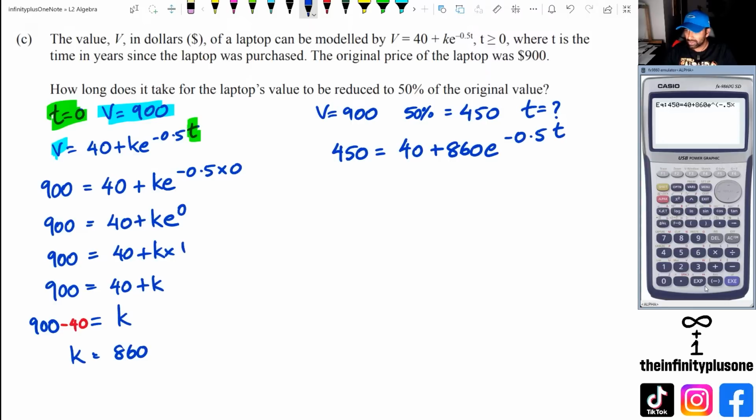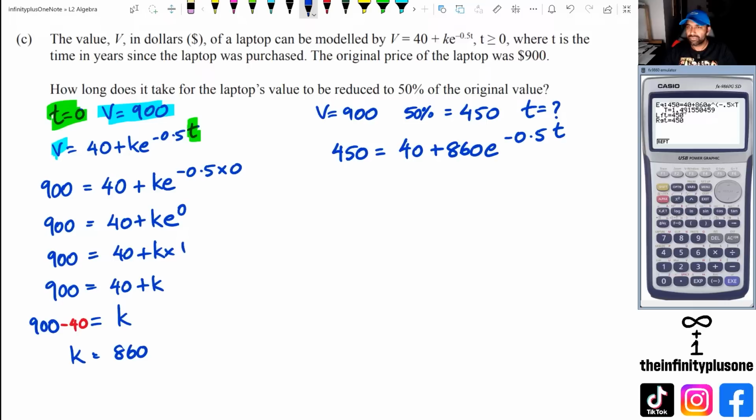I'm actually going to use the alpha t here. There it is, and I click solve. This has solved the question for me, and t is equal to 1.48.